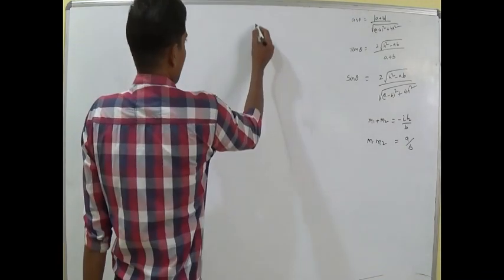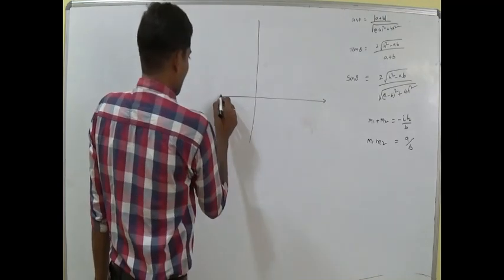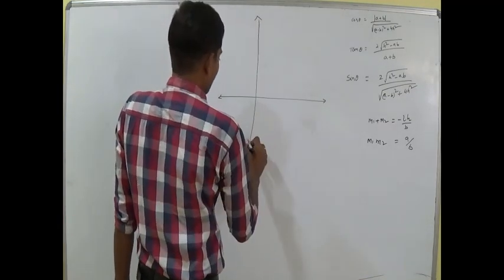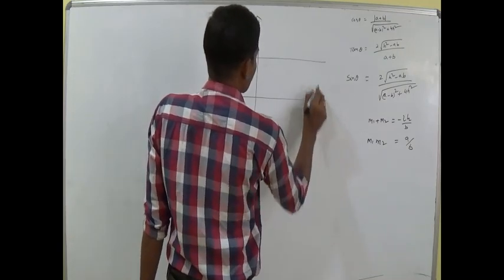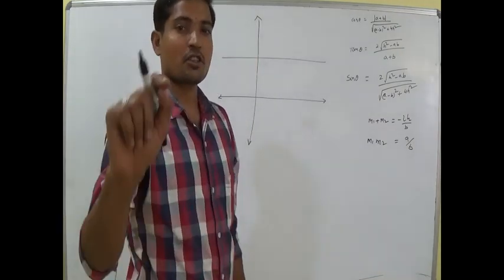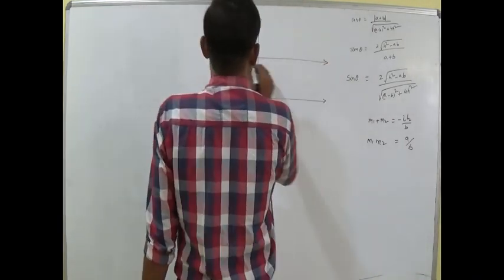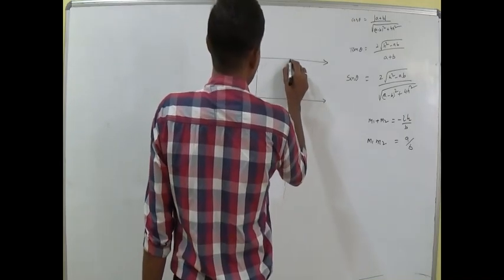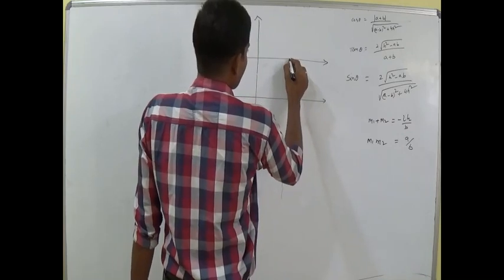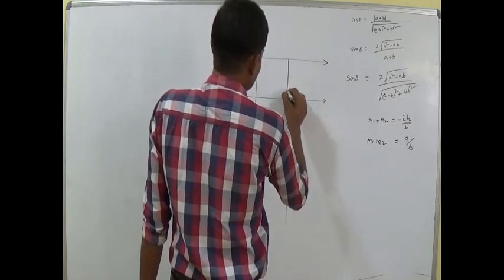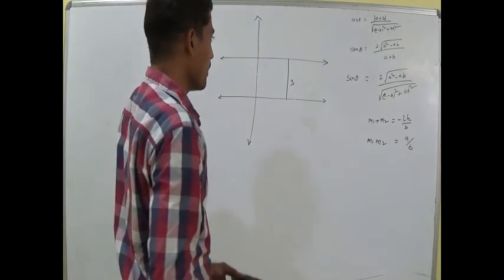For example, take a Cartesian plane, draw a line which is parallel to x-axis, which is 3 units distance from x-axis.